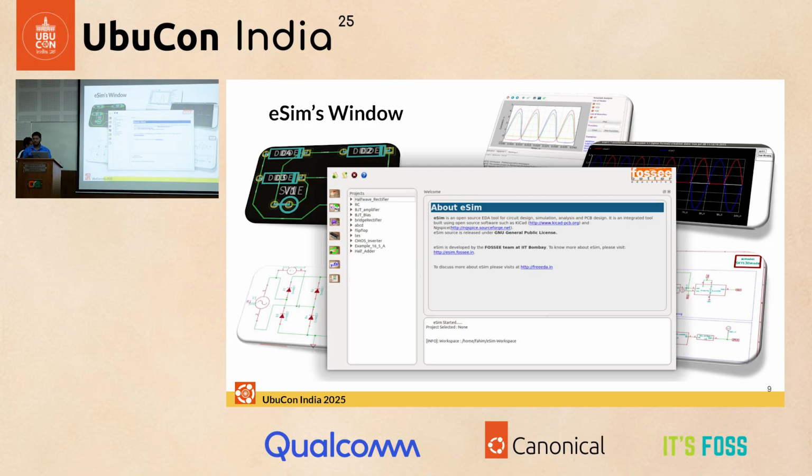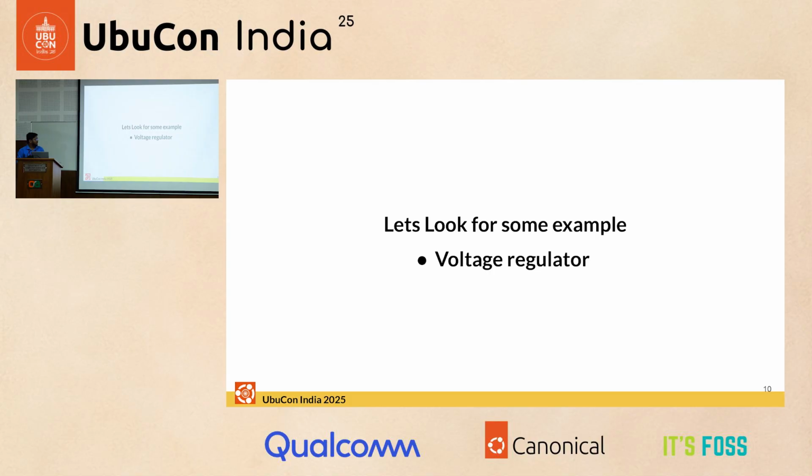For better understanding, I will show you one video demonstration so it will be more clear how eSIM looks when it is installed, or when you are using it for the first time. Let's take the example of a voltage regulator that I created. I will just play one video that has been narrated and demonstrated by me.